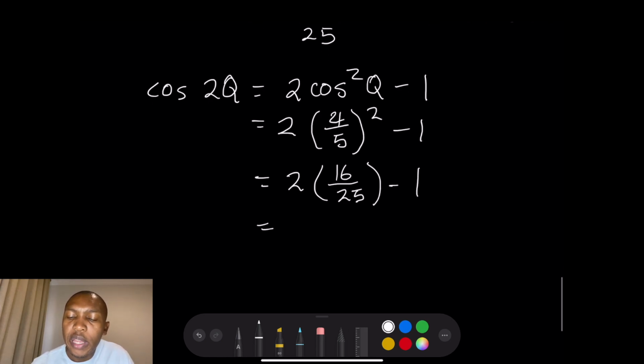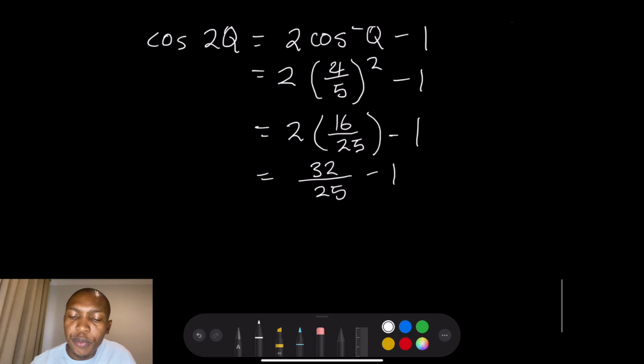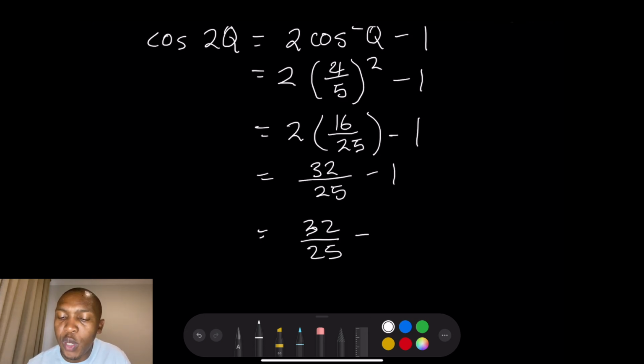Okay, so in this case, that's going to be 2 times 16 is 32, over 25 minus 1. For those of you who know fractions, what you can do is express that as 32 over 25. To make it easier for yourself, you can make 1 into a fraction of 25.